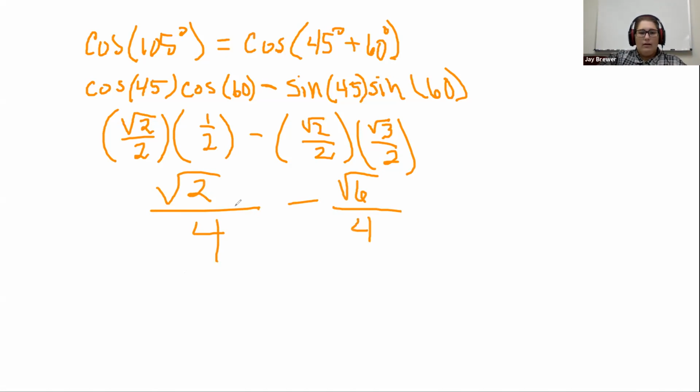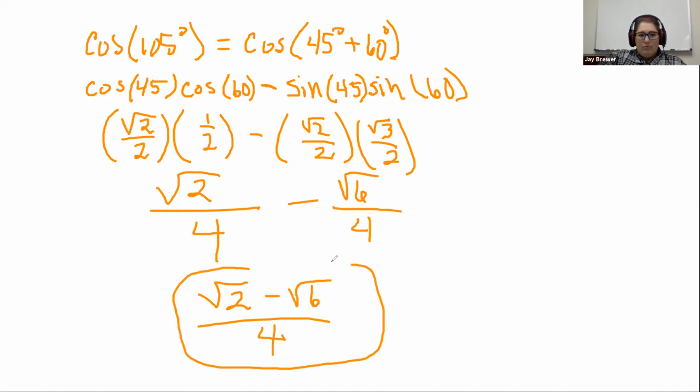So here you can see we can bring this together. We'll have the square root of 2 minus the square root of 6 all over 4. When Pearson shows you an example like this, they'll go through and pull out the 1/4. It doesn't matter. It accepts it either way.